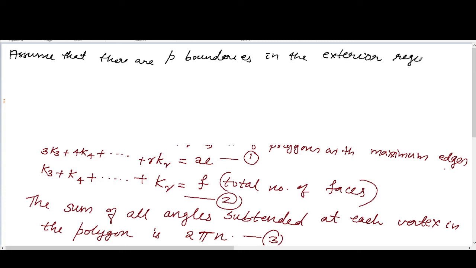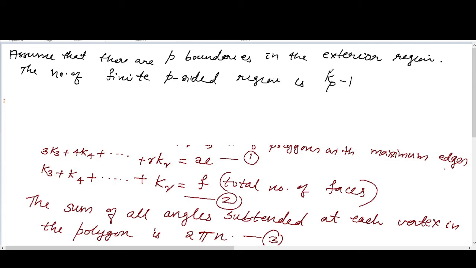So the number of finite p-sided regions is kp minus 1.